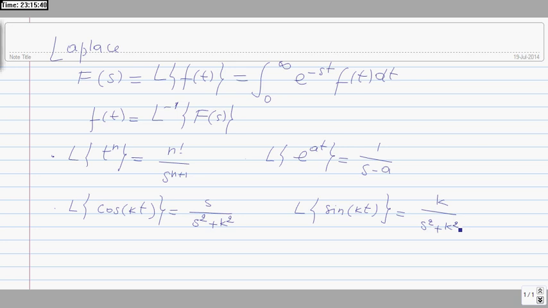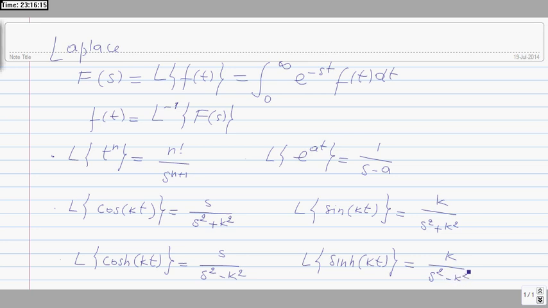We have another two, which are Laplace of hyperbolic cosine of kt, which should be s over s squared minus k squared, and Laplace of hyperbolic sine of kt, which is k over s squared minus k squared.